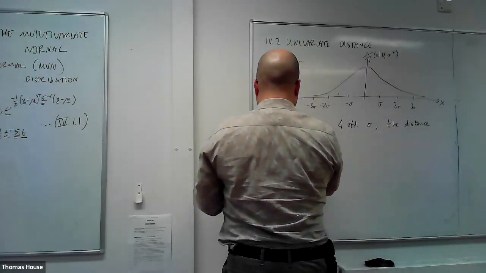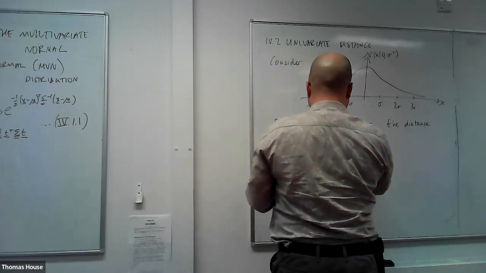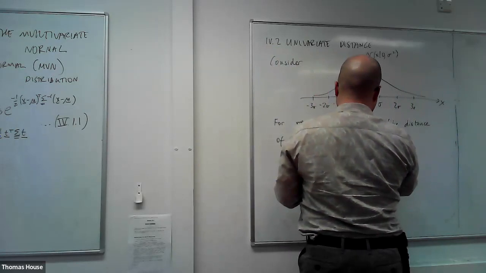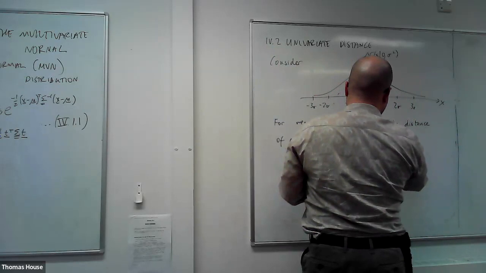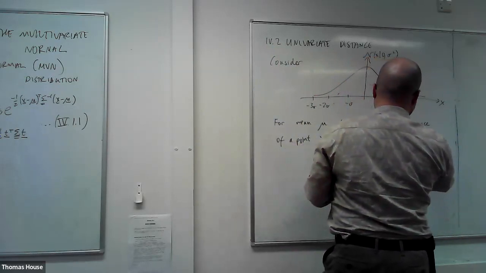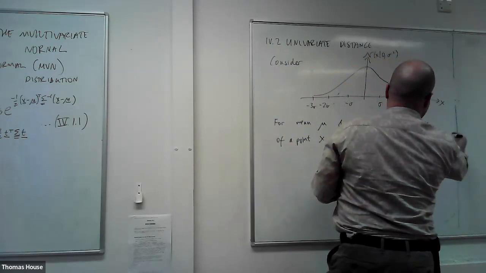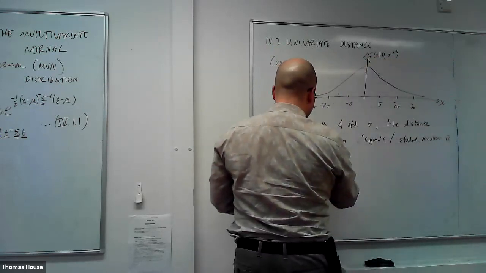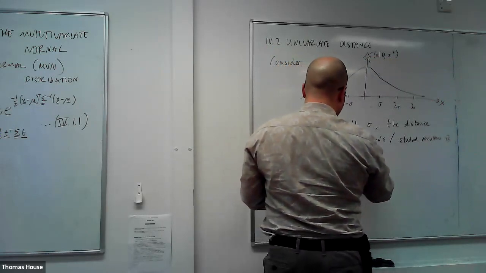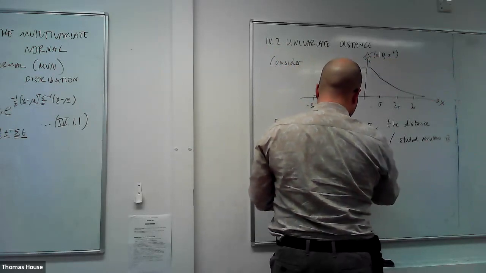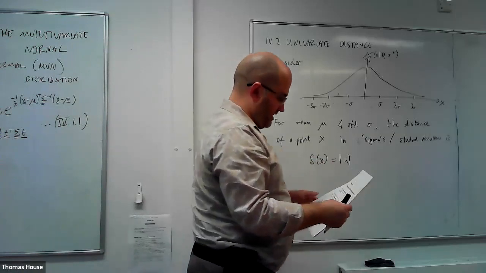So the distance of a point in sigmas or standard deviations is going to be, so distance of x is the absolute value.